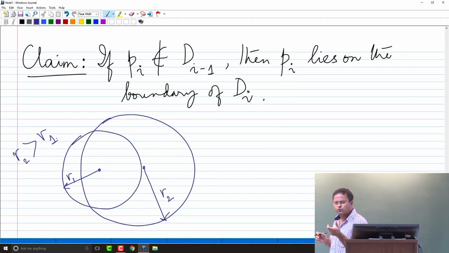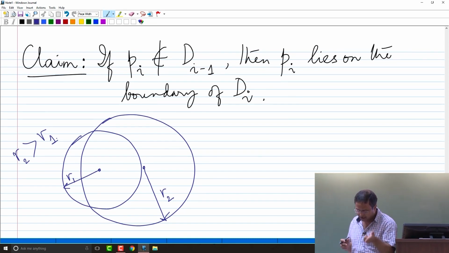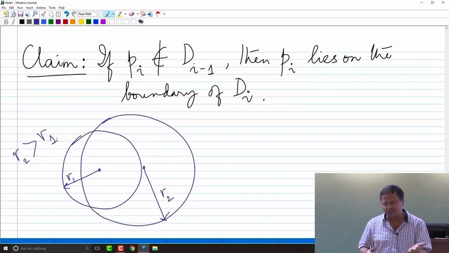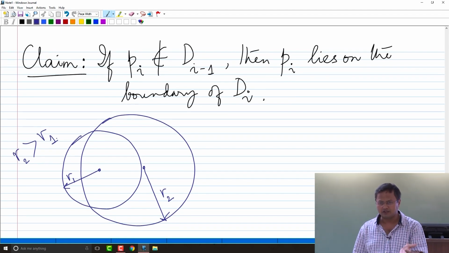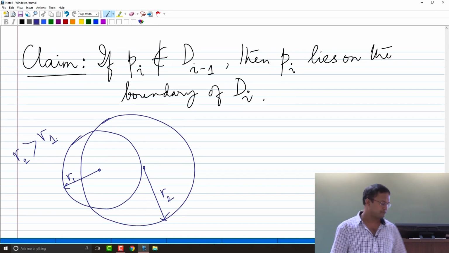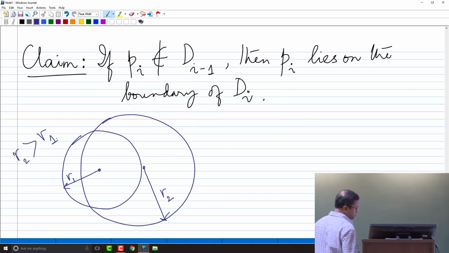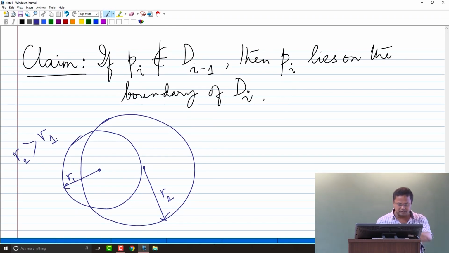I am going to get to a situation where the radius of Di should obviously be more than the radius of Di minus 1, right. So, that is given. Now, I see this situation, I intersect two disks, one of a bigger radius, the other of a smaller radius, and I look at this arc.